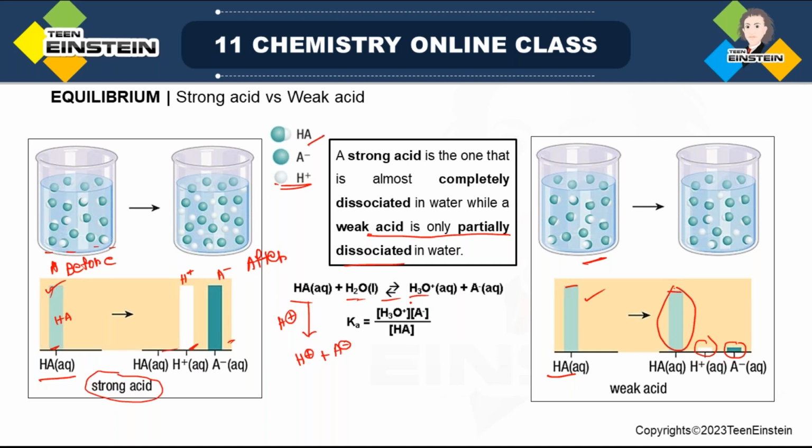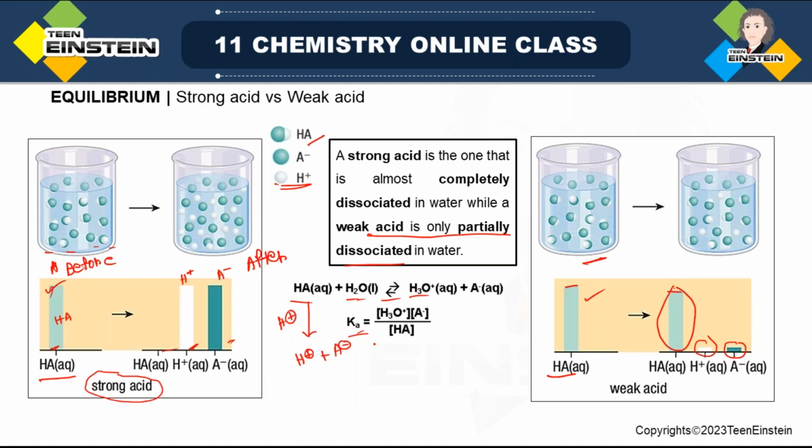So when there is equilibrium, the corresponding equilibrium constant is written here as Ka. The subscript A signifies acid. So this is the acid dissociation constant, or we can say the ionization constant of the acid HA, whether it is strong or weak, that is not important.